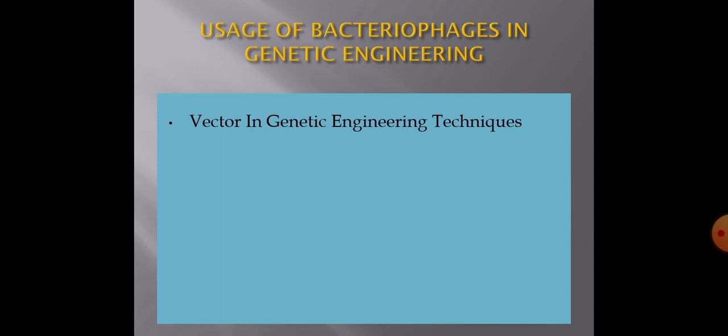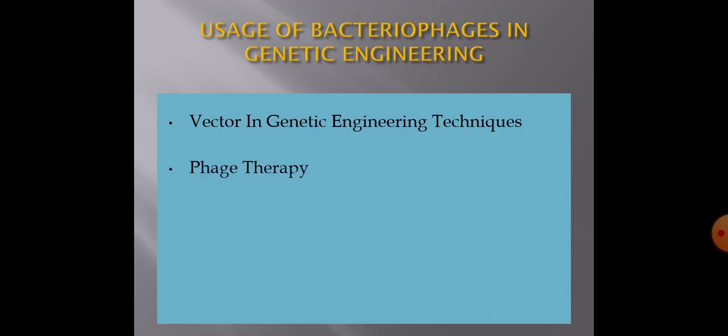So all the genes of an individual may be attached to the phages or may be attached to the plasmids, and those are then inserted into the bacteria where they may be kept in the gene banks, and they can be utilized in different research purposes or in the treatment or diagnosis of different diseases also.